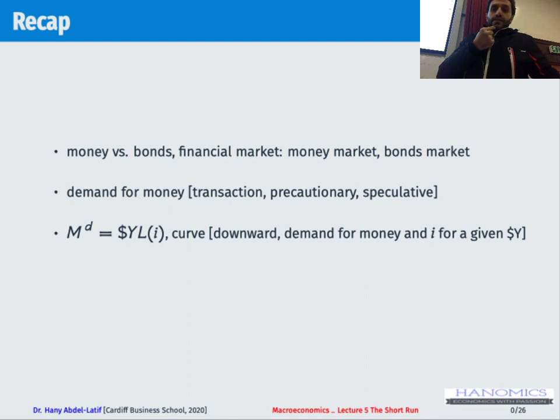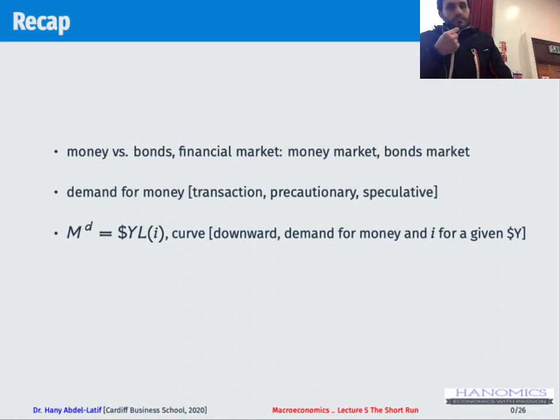So we plotted the demand for money curve, and it's a downward sloping demand curve. It gives us the relationship between the demand for money and the interest rate for a given nominal income.